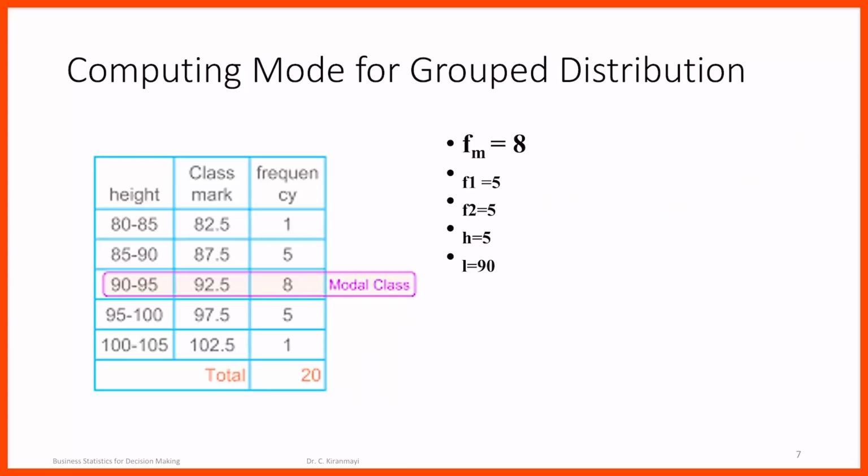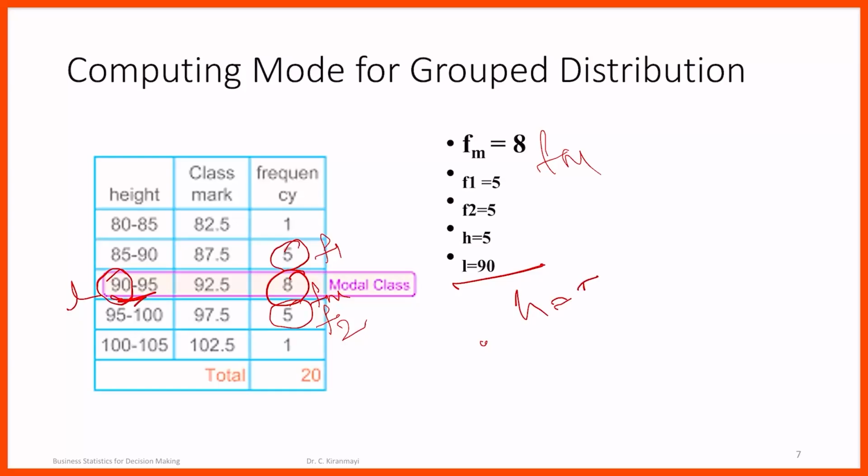After obtaining the modal class, we have to obtain the value of L, the lower limit of the modal class. The frequency of this class is 8, this is fm. The frequency of the preceding class is f1, the frequency of the succeeding class is f2, and the height of the class is 5.